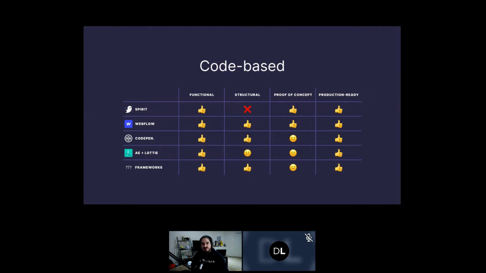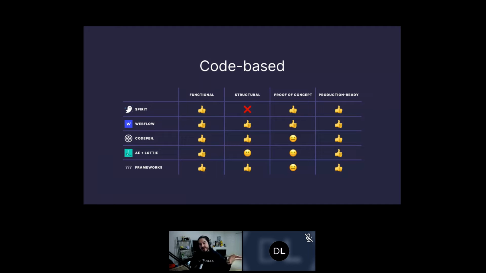So Lottie allows you to use it on web and on native devices. So iOS and Android. So the way to build this kind of thing actually makes it a lot easier to go from After Effects to production ready very, very quickly. So functional, yes. Structural, not so much. Like you wouldn't really use a structural After Effects thing.